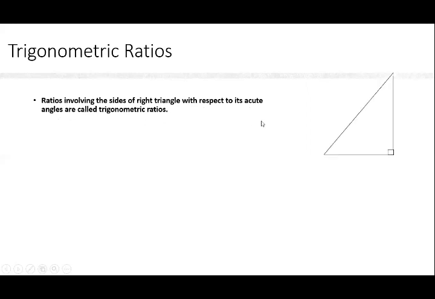Trigonometry deals with only right angle triangles, so we are taking a right angle triangle here and marking the triangle as A, P, and C. First we are going to mark the trigonometric ratios with respect to this acute angle A.